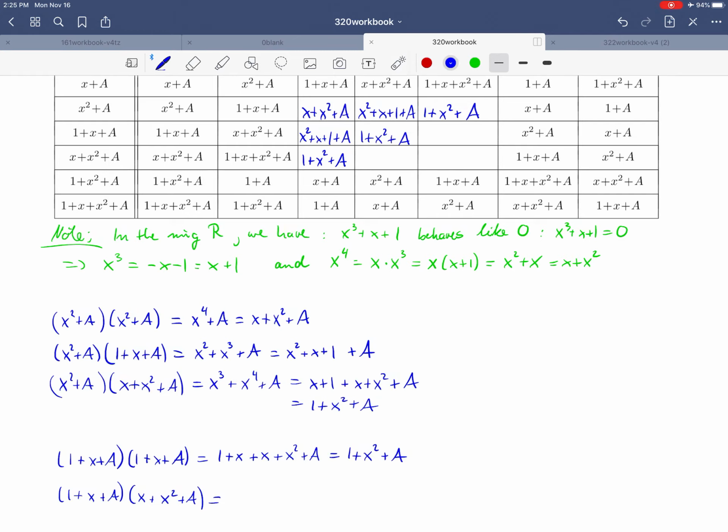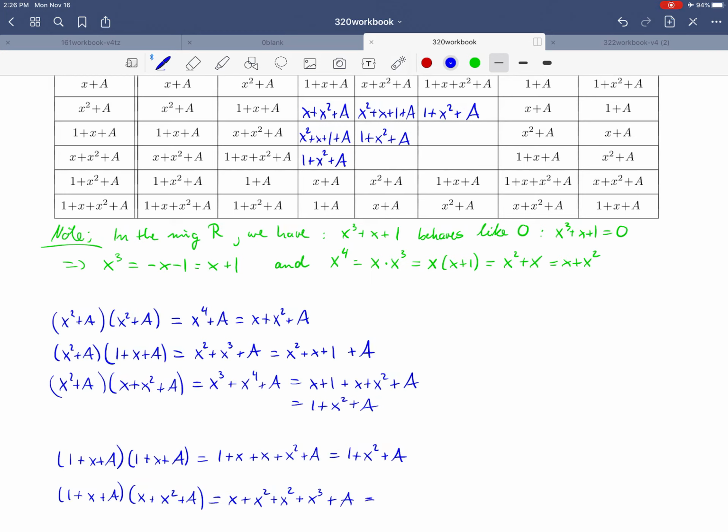And the next one, 1 plus x plus a times x plus x squared plus a. That is an x plus an x squared plus an x squared plus an x cubed plus a. But the x squared plus x squared is going to go away.